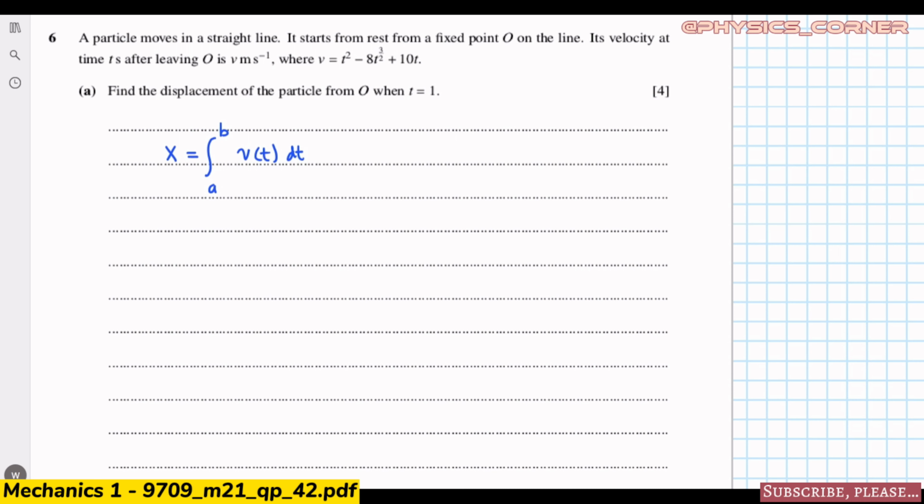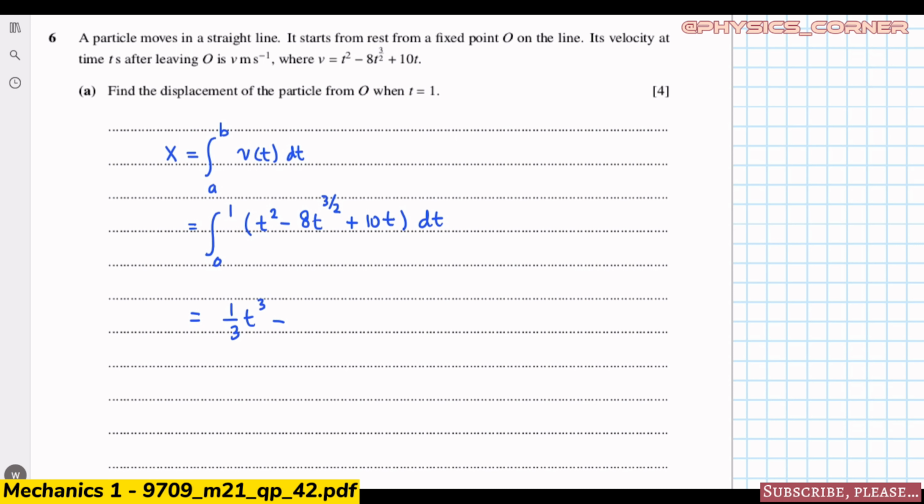We integrate this equation. This is a third of t power 3, negative, 3 over 2 plus 1 equals 5 over 2. Is it correct? Yes. 5 over 2.